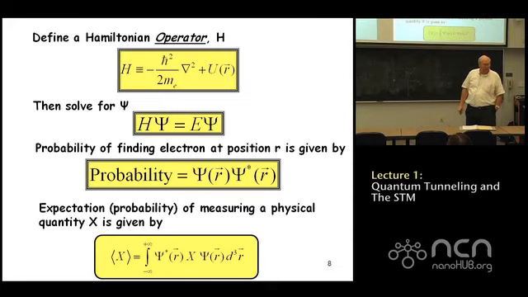Right? Because the electron is delocalized, it now doesn't have well-defined trajectories. It has probability that it's going to go this way, probability it's going to follow this path. It's got probability that it's going to be at a certain point in space. So this psi star psi is interpreted in terms of the probability that the electron will be at a particular point in space.